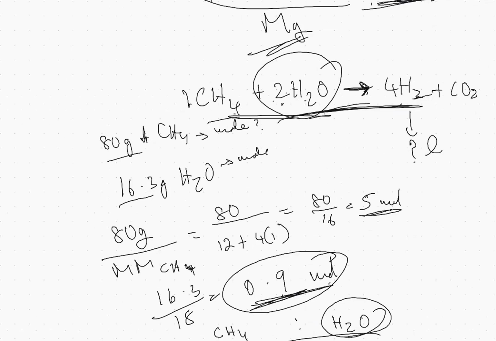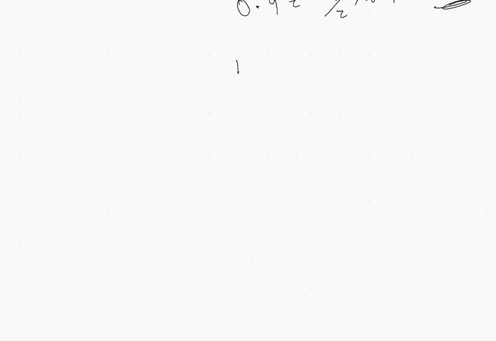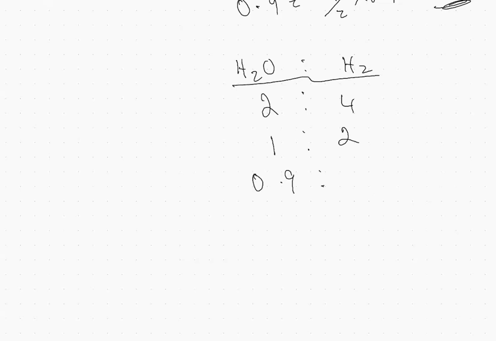So the water to hydrogen ratio is 2 to 4, that is 1 to 2, that's right. So if I have 0.9, it will make 1.8 moles of hydrogen.